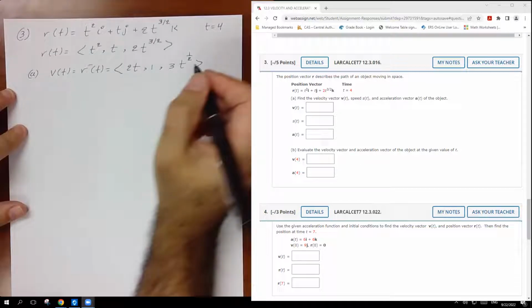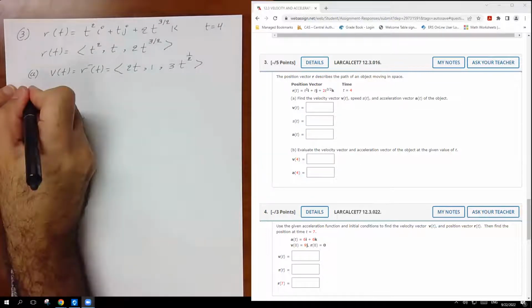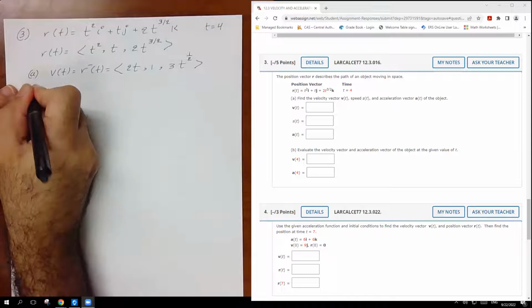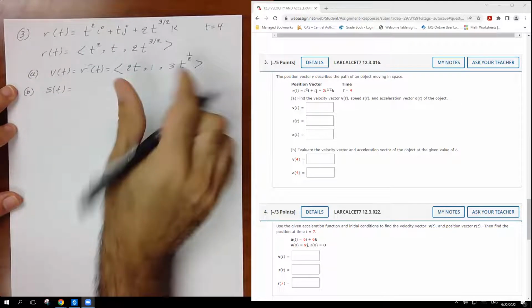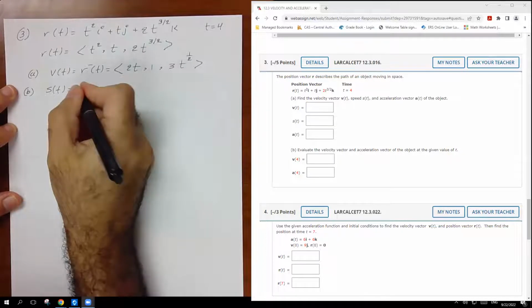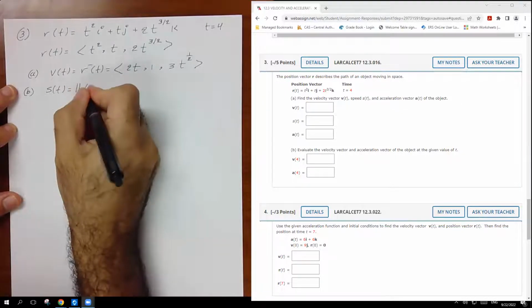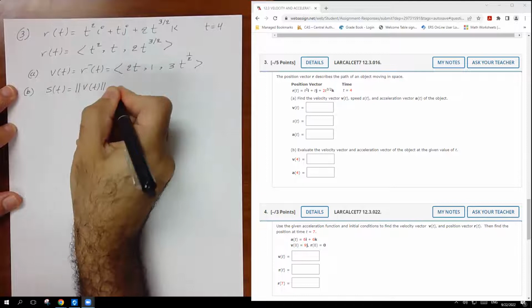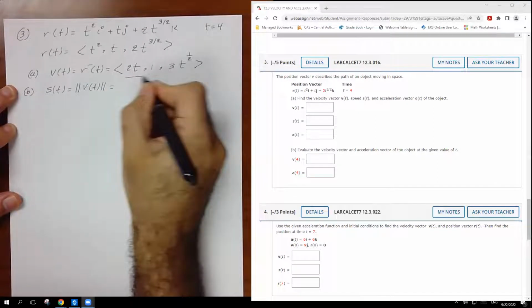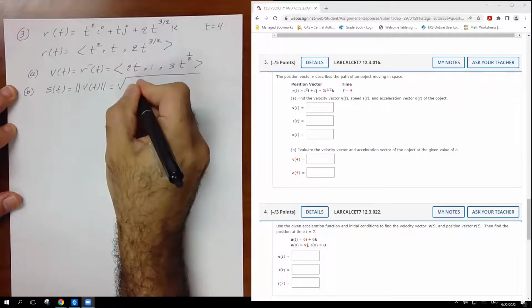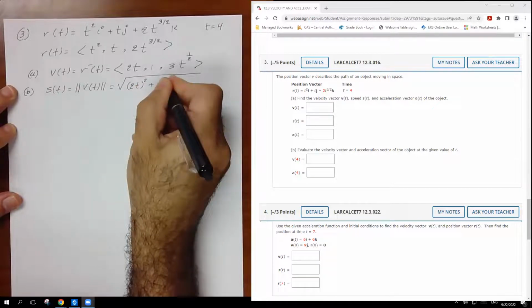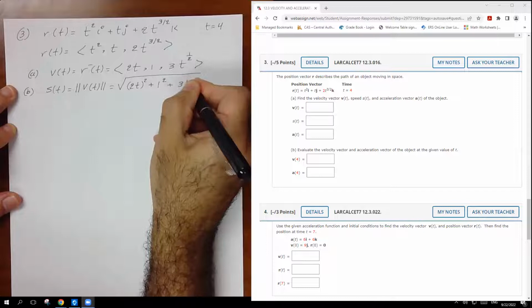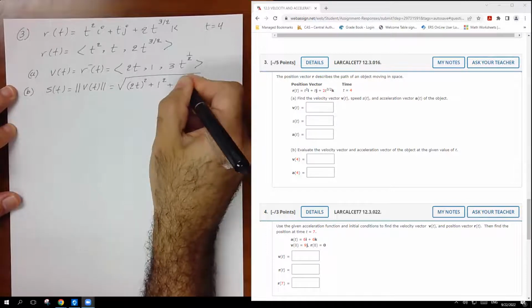So this is the velocity, and now the speed. So this is b. The speed of t is going to be the length of the velocity with respect to t, and it's going to be the square root of 2t squared plus 1 squared plus 3t to the 1 over 2 squared.